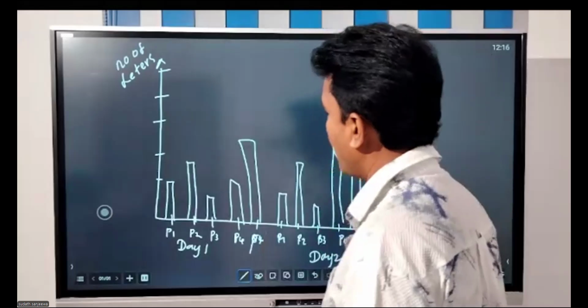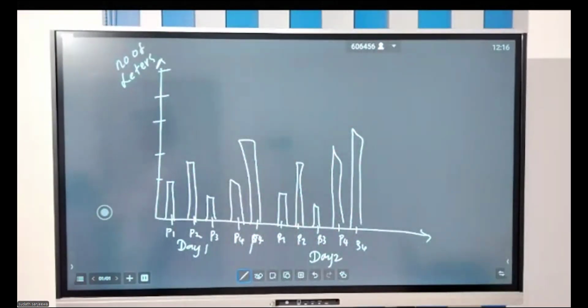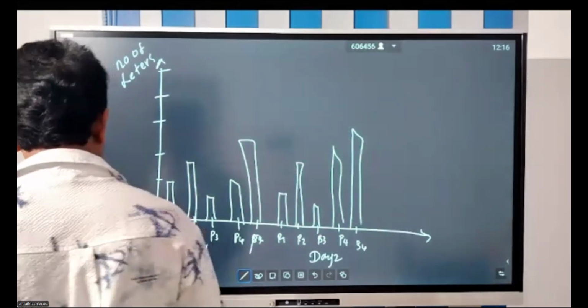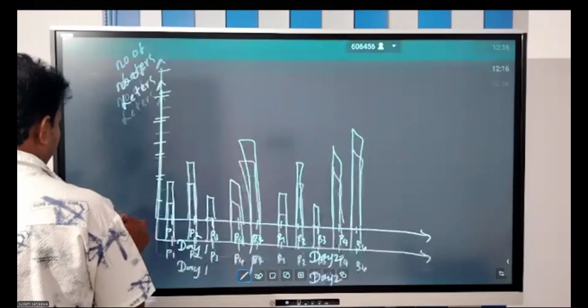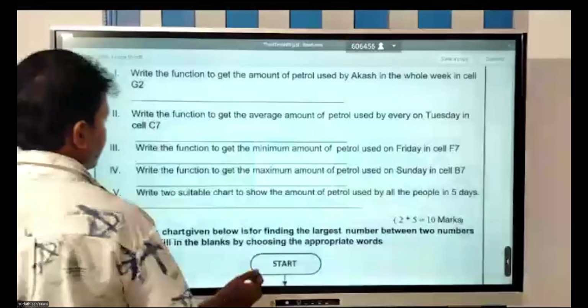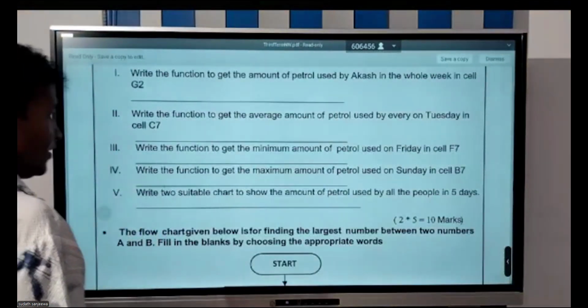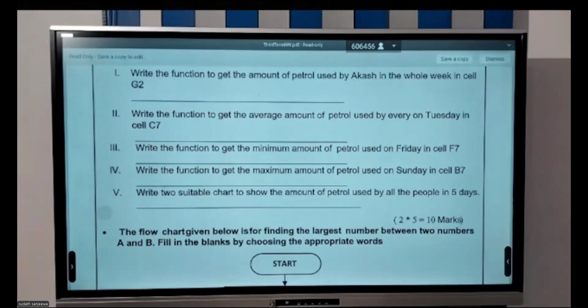This is column chart. Then you can draw a bar chart as well. That's it about the Excel question.